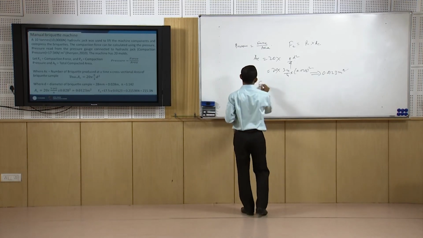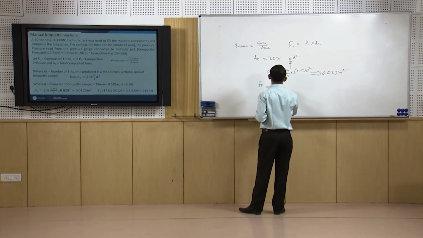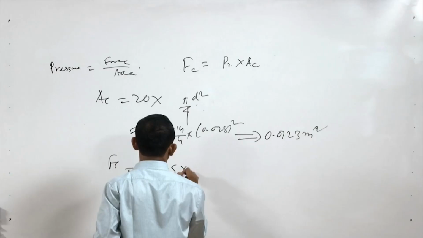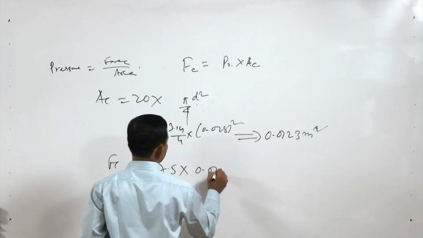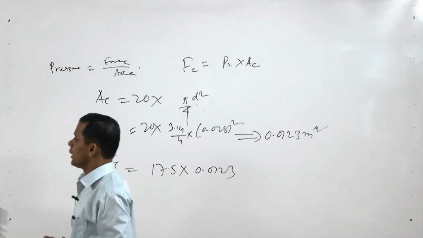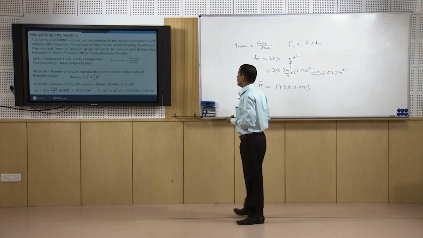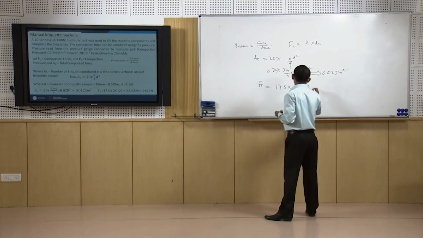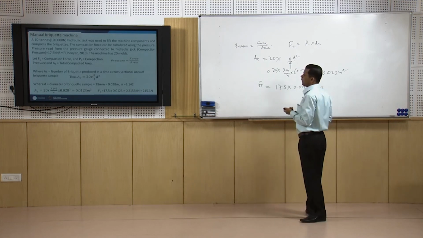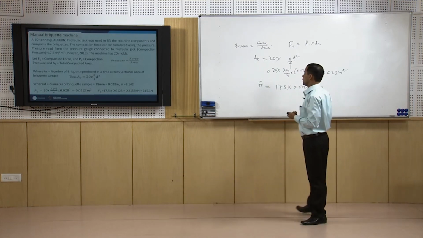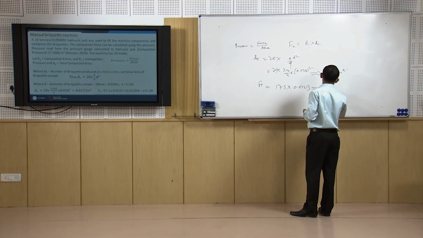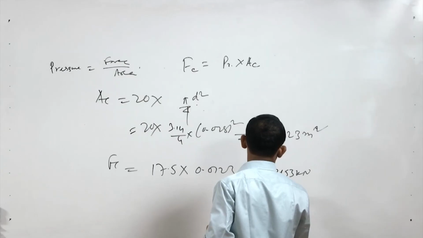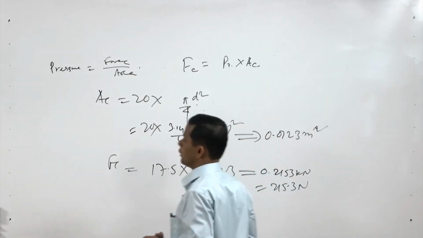So what is Fc? Fc is equal to 17.5 kilonewton per meter square into 0.0123. So that is equal to 0.2153 kilonewton, or 215.3 Newton.